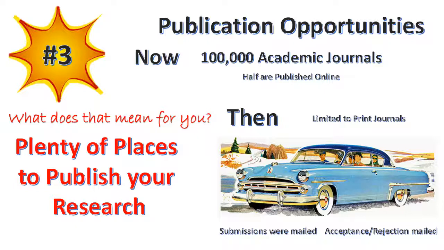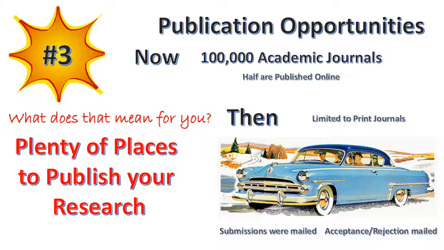They were mailed, and then it was left with the committee who was going to review it, and then you would receive an acceptance or rejection notification mailed to you. It was very time consuming. It could take up to a year or even more for you to receive anything on your journal.